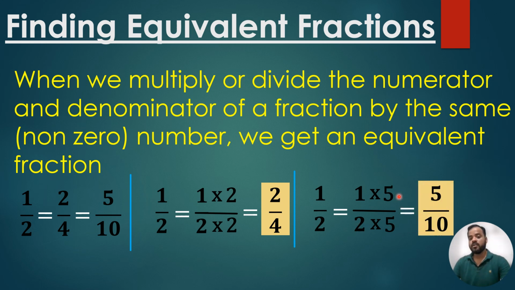So what we get? 5 ones are 5, 5 twos are 10. So 1 by 2, 2 by 4 and 5 by 10 are equivalent fractions because we get 2 by 4 and 5 by 10 by multiplying the numerator and the denominator of 1 by 2 by 2 and by 5.